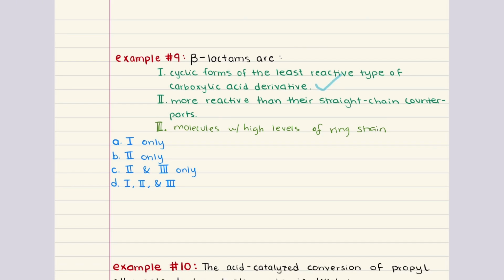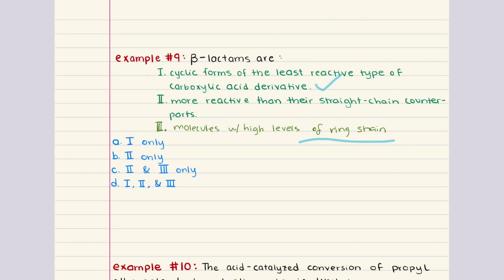But here's where structure changes reactivity. In the beta-lactam, the nitrogen is part of a 4-membered ring, which introduces a significant amount of ring strain. The carbon-nitrogen bond in a normal amide is going to have partial double bond character due to resonance. But in a strained ring, that resonance is reduced, and that makes the carbonyl more electrophilic, and it makes the bond easier to break.